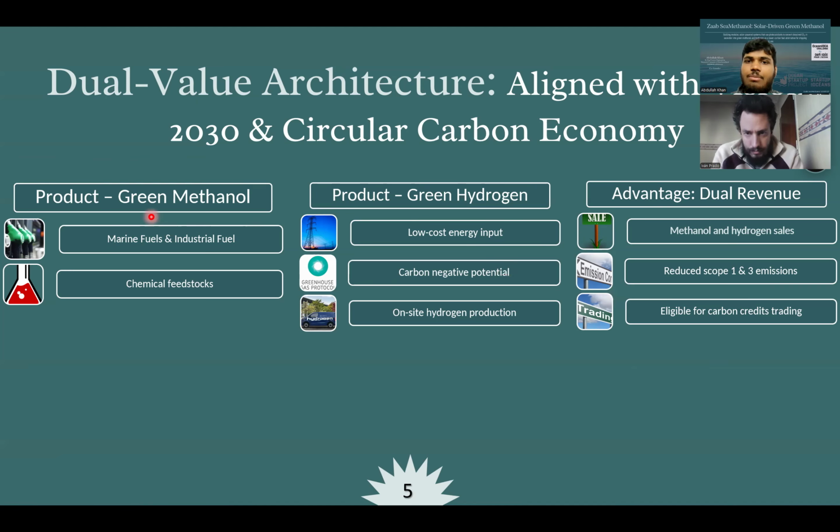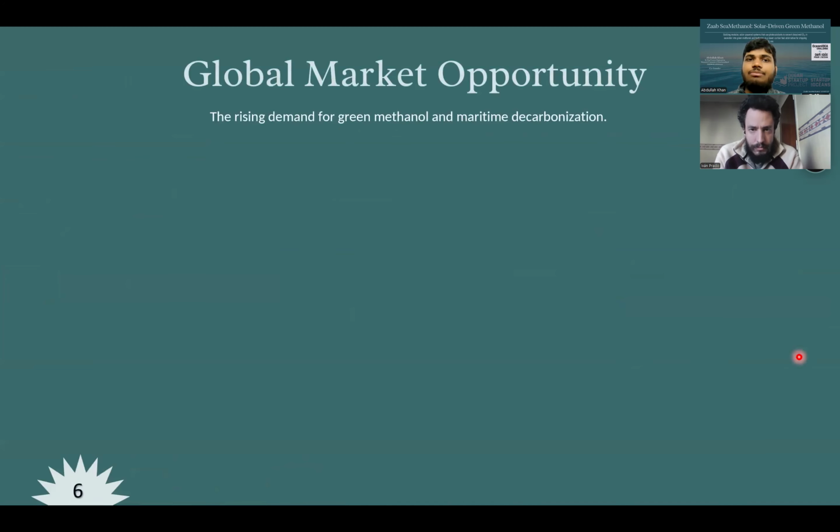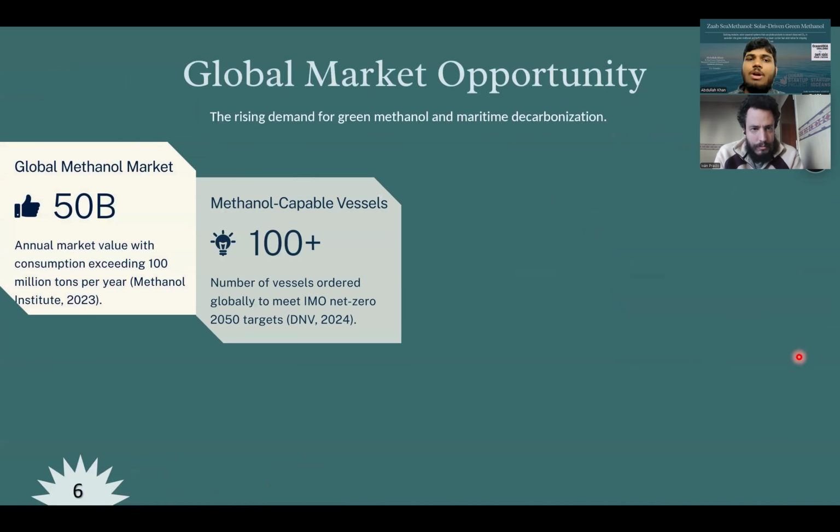We have green methanol and green hydrogen as the products, and also we would be eligible for carbon credits trading. We know the global market opportunity for methanol is rising, and it exceeds 100 million tons per year. And Maersk in Denmark has ordered methanol-fired capable vessels, vessels which could utilize methanol as a fuel.